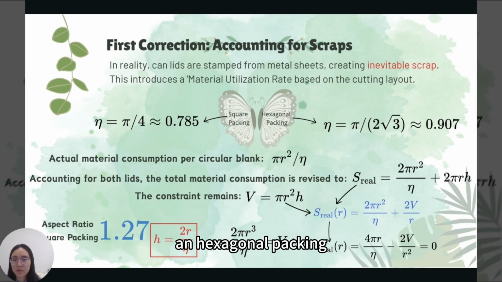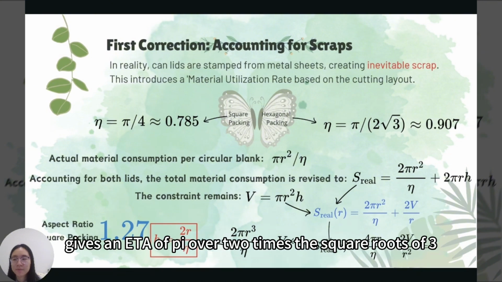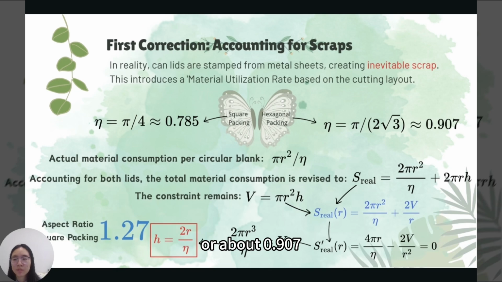And hexagonal packing, the most efficient way to tile a plane, gives an eta of pi over 2 times the square root of 3, or about 0.907. At this point, the actual material consumed for each circular blank is pi r squared divided by eta.